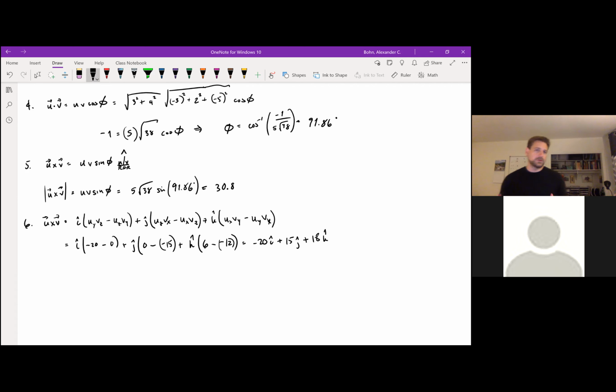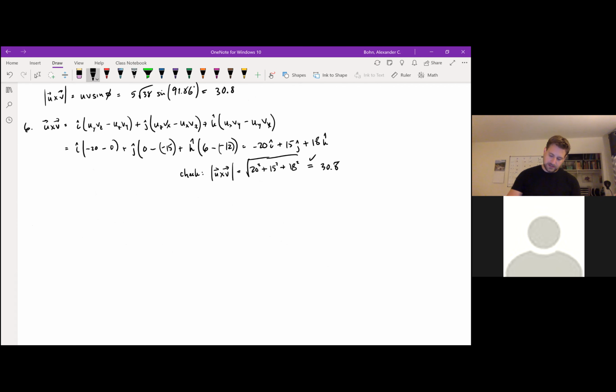And just for completeness' sake, if we check the magnitude of this, do we get 30.8? Yes, we do. Okay, cool. It's an 8. Okay, page 1.